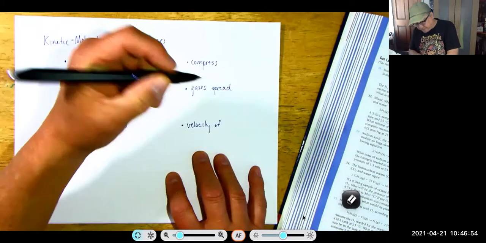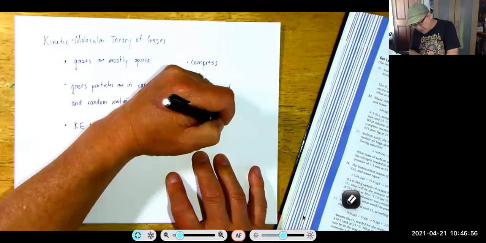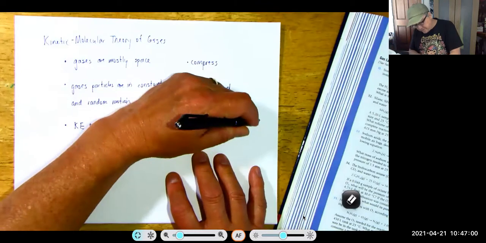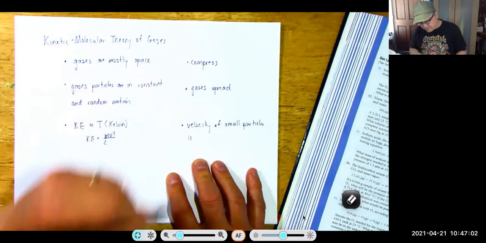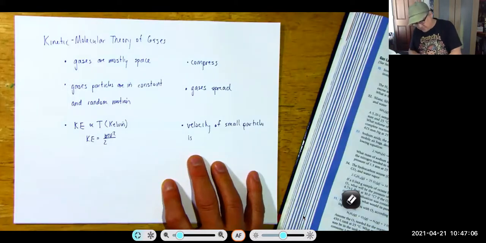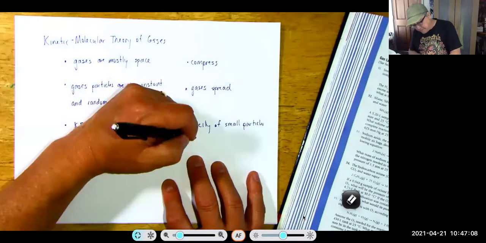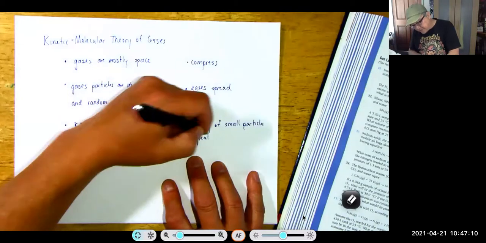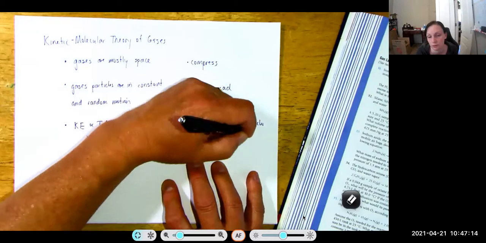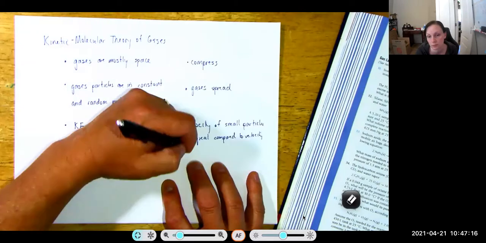of small particles is large, or great, compared to the velocity of what? Large particles.